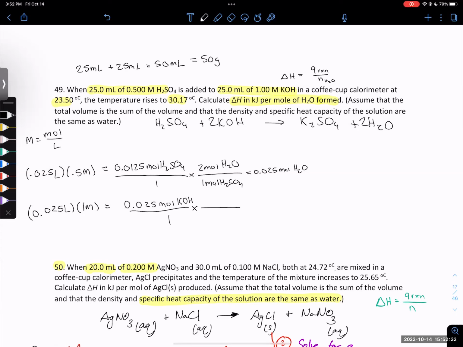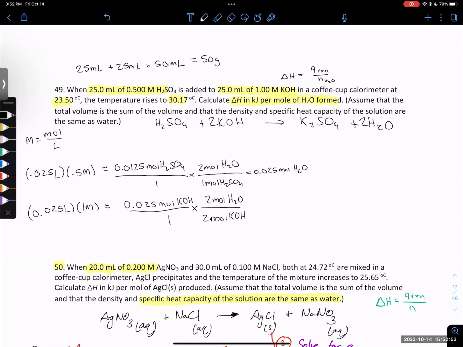Now for every 2 moles of KOH, 2 moles of water are produced. Okay, so we're good on there.